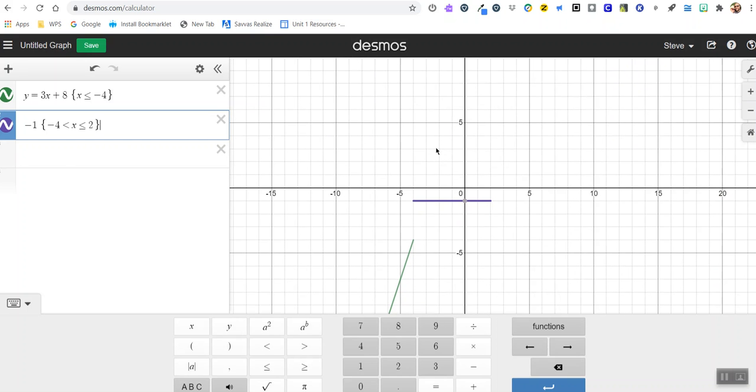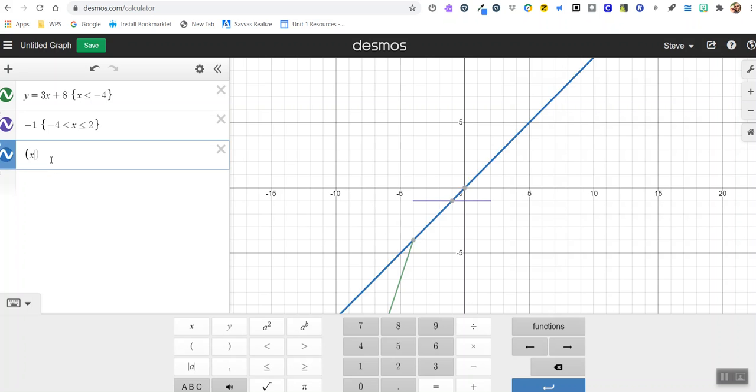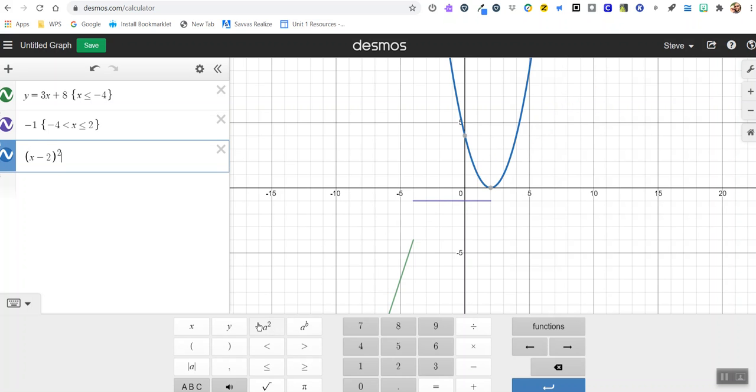So zooming out, you can kind of see what that looks like. And then the third part, the third piece of this is x minus 2, and then it's going to be squared, minus 5, and that's good to go when x is greater than 2.